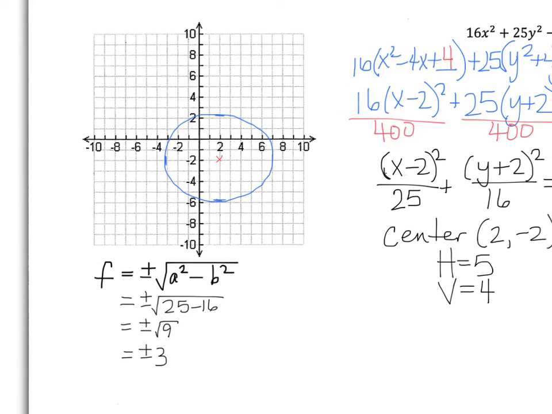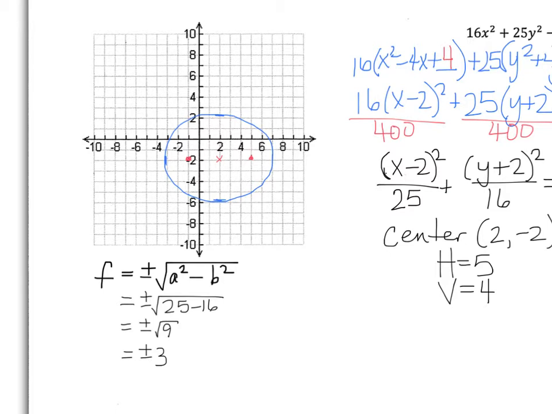So the major axis is running horizontally. I need to take 3 units to the right, put a mark, and 3 units to the left and put a mark. Those are the 2 foci. So my foci will be located here and here.